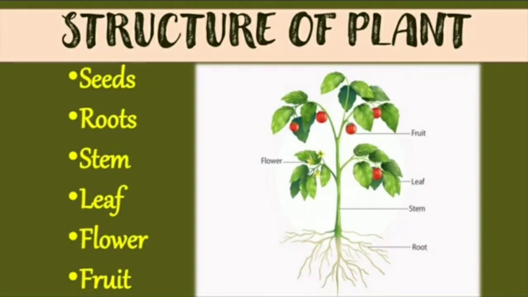All these are the different parts of a plant, or we can say the structure of a plant. We have studied seeds, roots and stem in our last lecture. In today's lecture, we shall be learning about leaf, flowers and fruits. Okay, so let's begin.